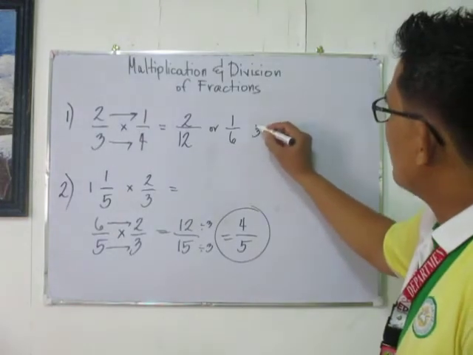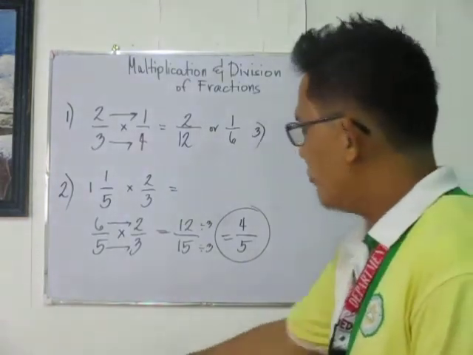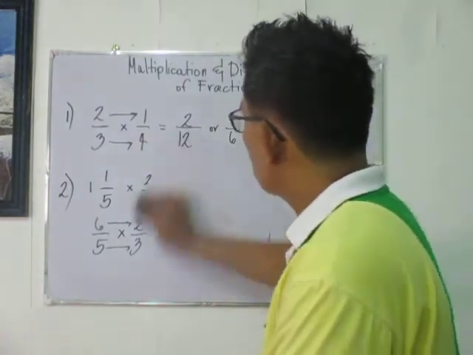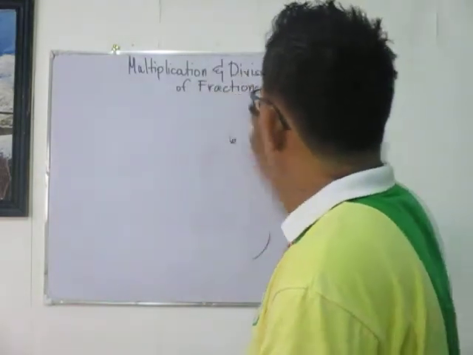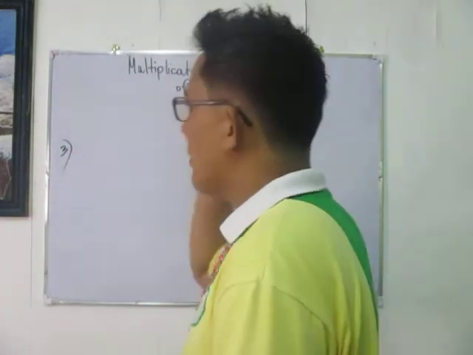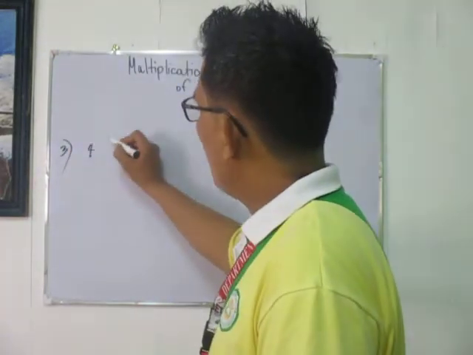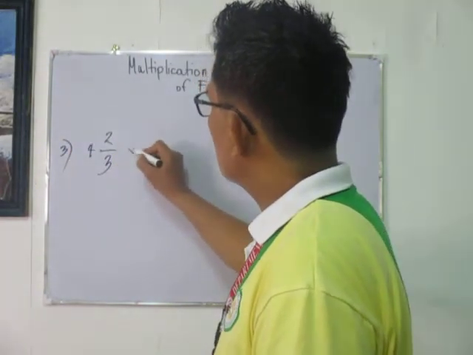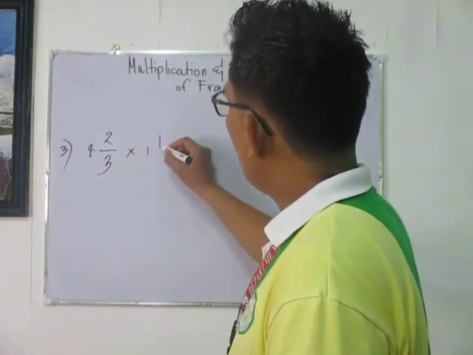Okay, last example. If we have both mixed numbers, in our example number 3, 4 and 2/3 times, let's say, 1 and 1/2.